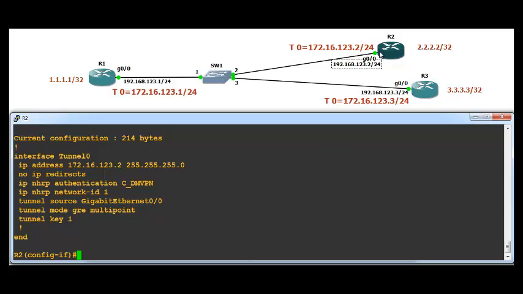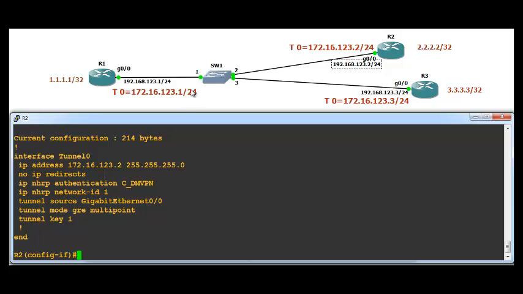R2 should negotiate with this tunnel interface on R1, but how does R2 know about the tunnel interface location? R2 knows only how to reach 192.168.123.1. It doesn't know about 172.16.123.1.